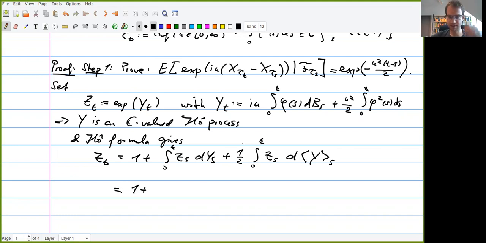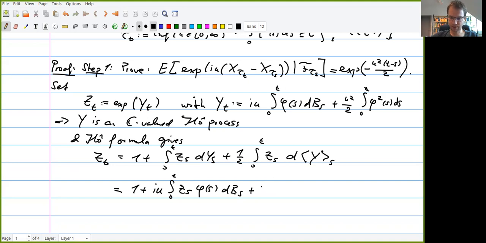Okay, let's plug in the definition of Y. So what do we get? So you get i times u times the integral from 0 to t of Z φ_s. All right, this is what's coming here, and then we have an integral with respect to the Brownian motion. Okay, and then we have this term here.